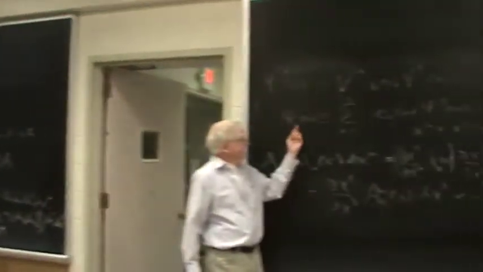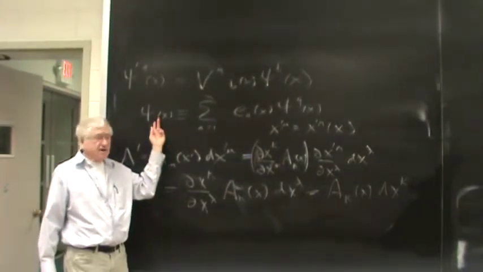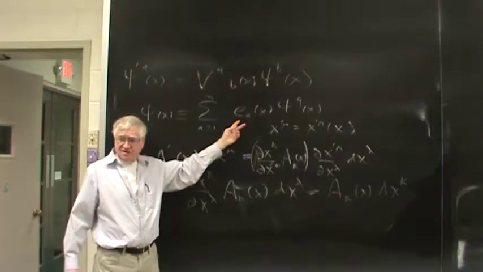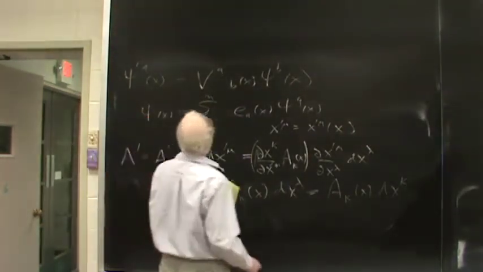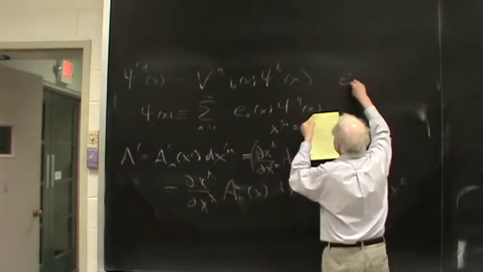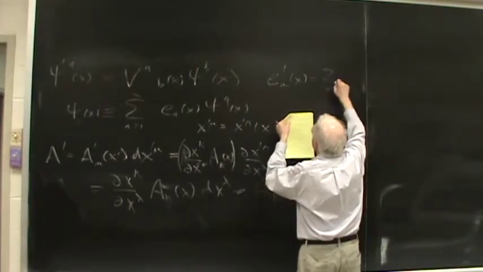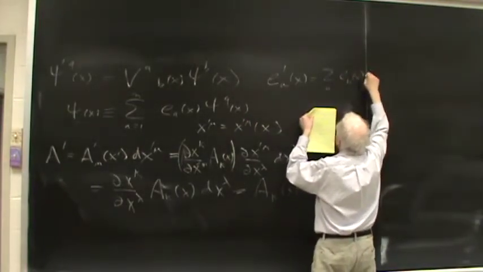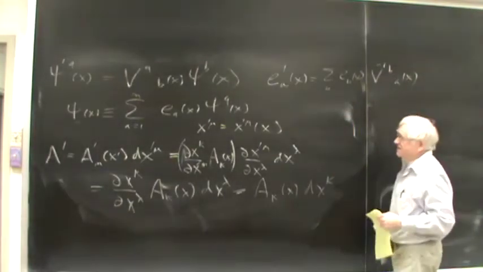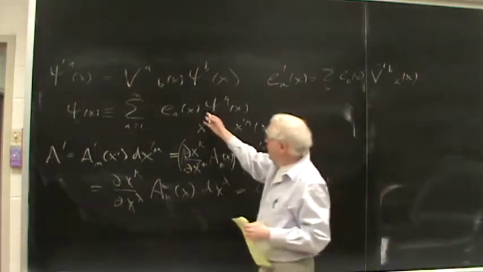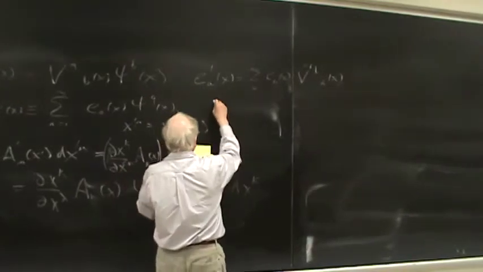And the thing I like about this notation is that this thing is then intrinsically invariant, at least if the e's transform the right way. And the right way for the e's to transform is E_A prime of x is the sum on B of E_B of x times V inverse BA of x. Then you can see that the product of these two is going to be invariant.